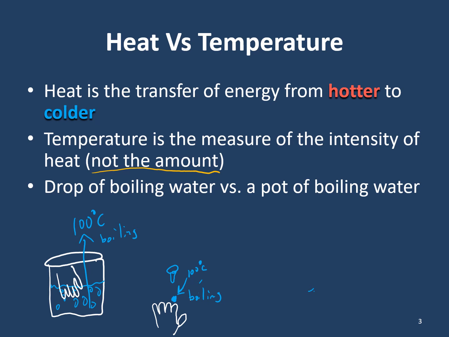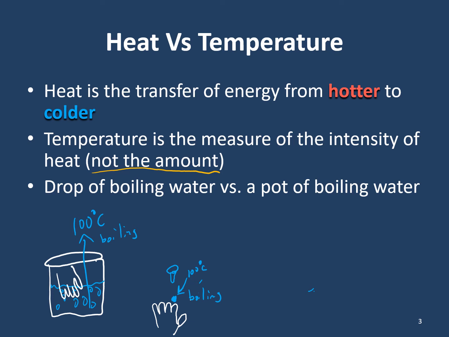The major difference between these two things is while the bucket or the pot of boiling water and the drop are at the same temperature, they have vastly different amounts of heat or energy present. The pot has a lot more energy in there because there's more water at that temperature.